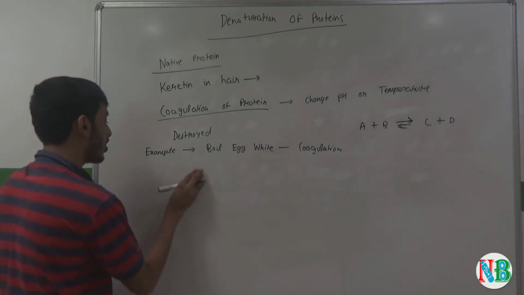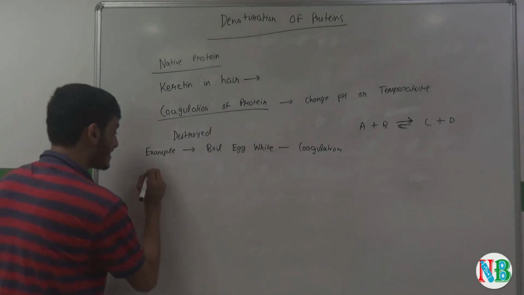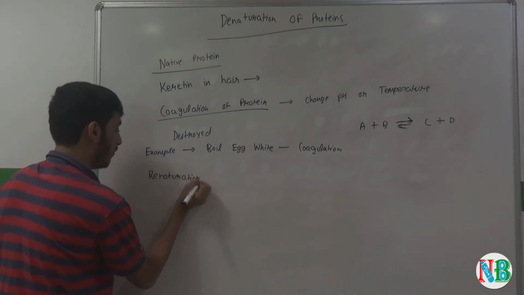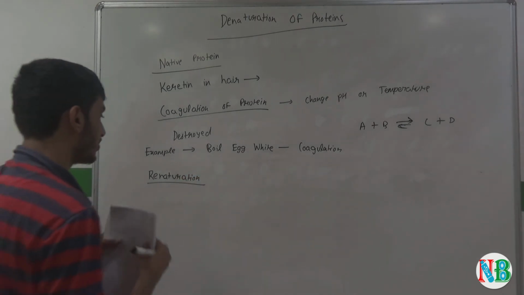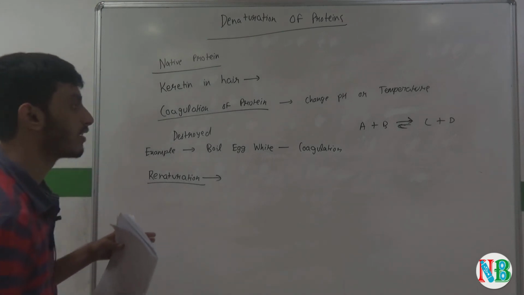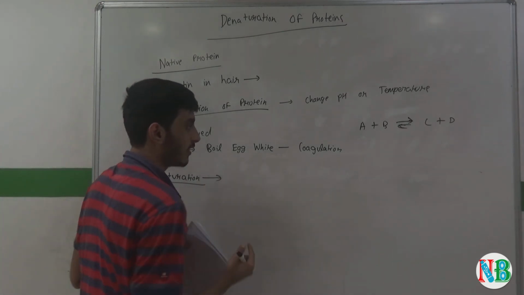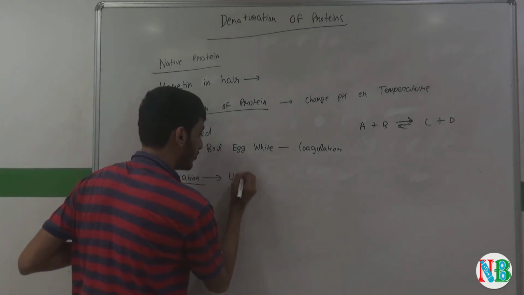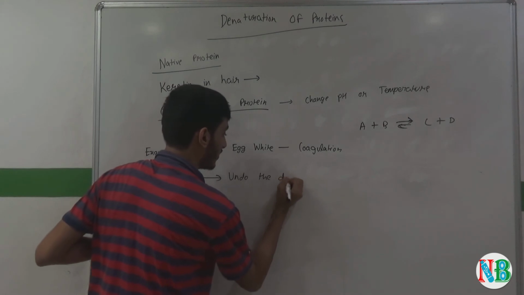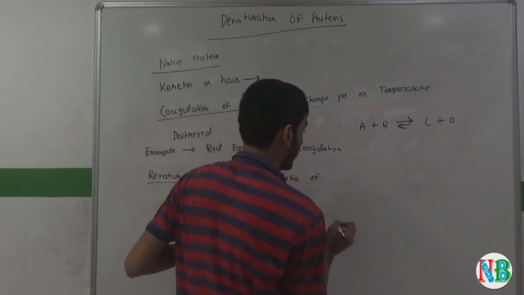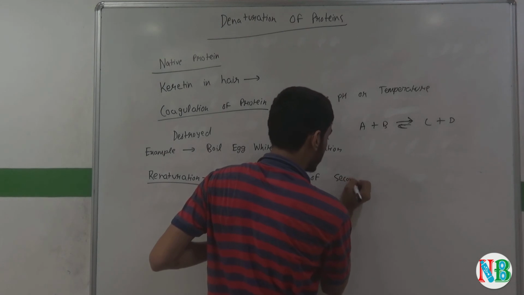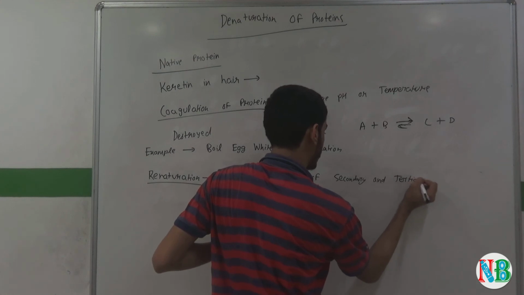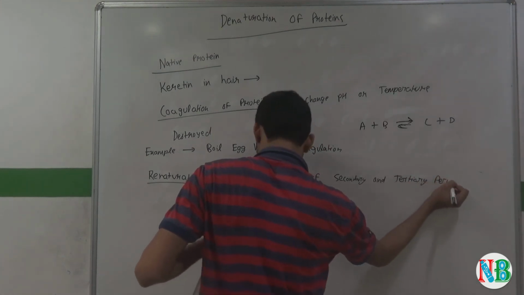So the reversible process or the opposite process is renaturation. It is a process to re-get or to undo the data of secondary and tertiary structures of proteins.